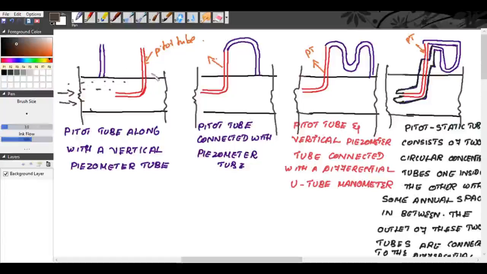See the first case, you have a Pitot tube along with a vertical piezometric tube. We have already studied what a piezometer is in the second module. So, this is the piezometric tube. There will be a difference in height here.